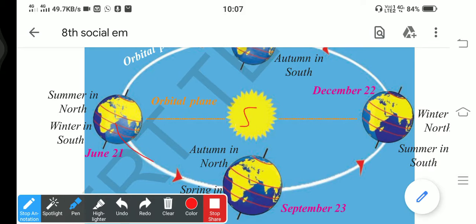This is the sun, right? So it is moving around the sun. That is called revolution. To complete one revolution, Earth takes 365 days and 5 hours 56 minutes.